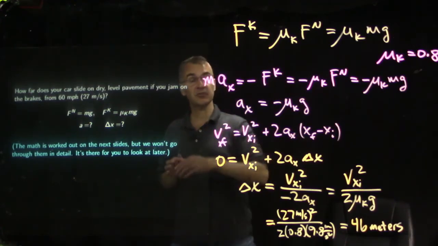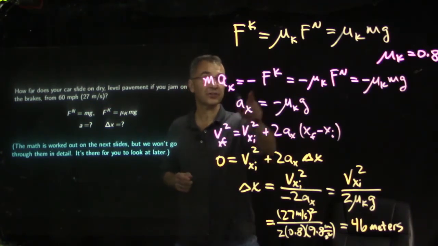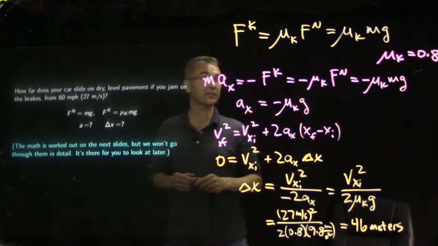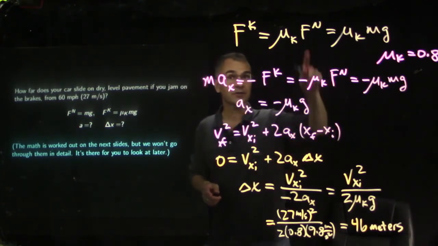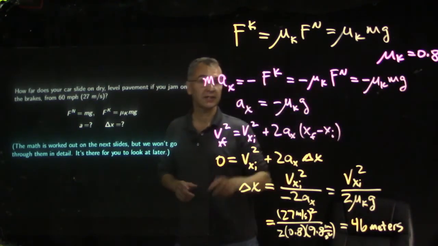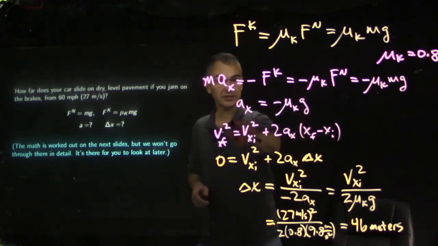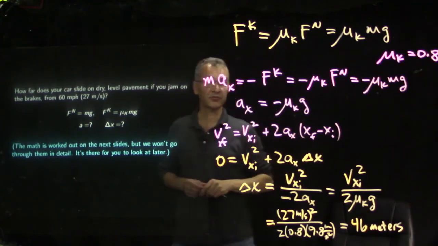So the only horizontal force acting on the car is kinetic friction, and it acts in the minus x direction, let's say. And the normal force just balances the weight of the car. So the force of kinetic friction is mu kinetic times mg. Using Newton's second law, the acceleration in the x direction is minus mu kinetic times g.